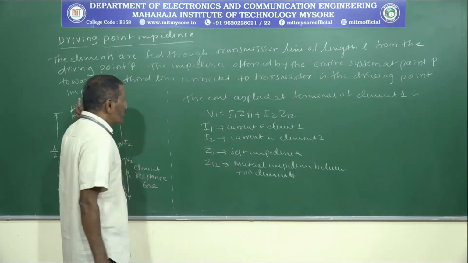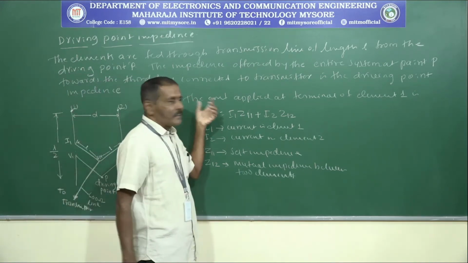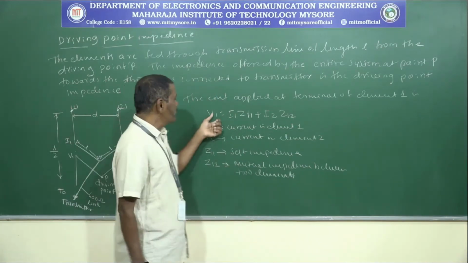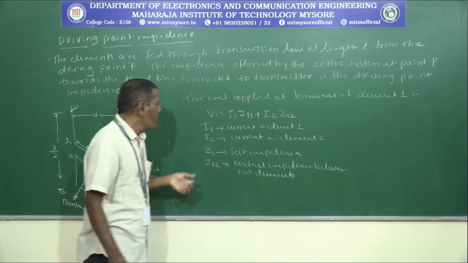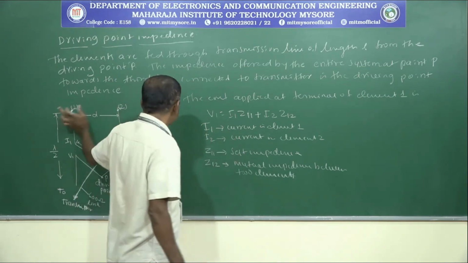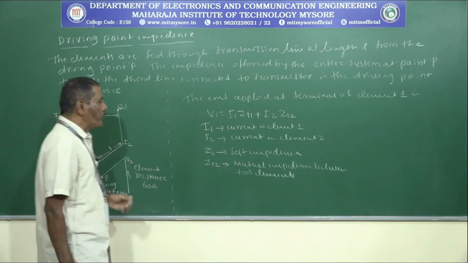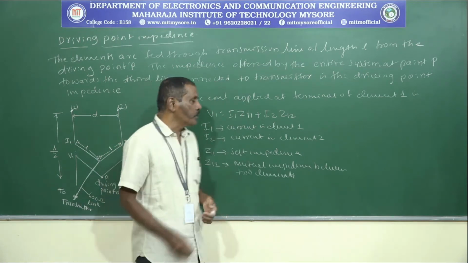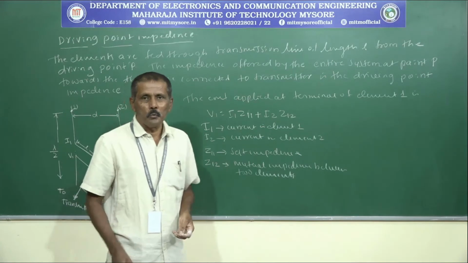Now, to calculate the dipole impedance, first the EMF applied at the terminal of element 1 is V1 equal to I1 into Z11 plus I2 into Z12, where I1 is the current in element 1 and I2 is the current in element 2, Z11 is the self impedance and Z12 is the mutual impedance between element 1 and element 2.